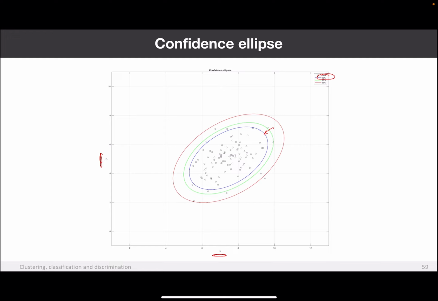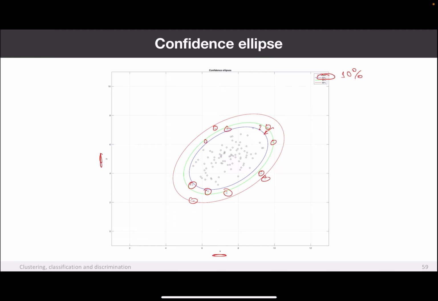So it means that for the blue one, we expect 10% of the objects will be outside this ellipse. Let's count, right? 1, 2, 3, 4, 5, 6, 7, 8, 9, 10, 11. I'm a bit in doubt with this one, but we got 11 out of 100. So it's almost 10%. Of course, it will never be exactly 10%, especially if the sample size is small, right?